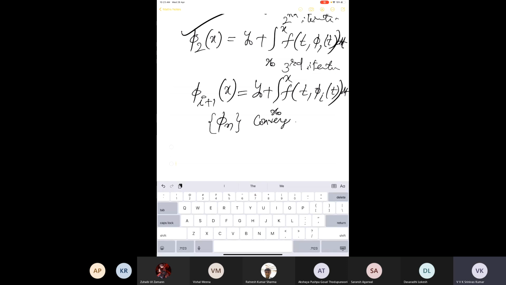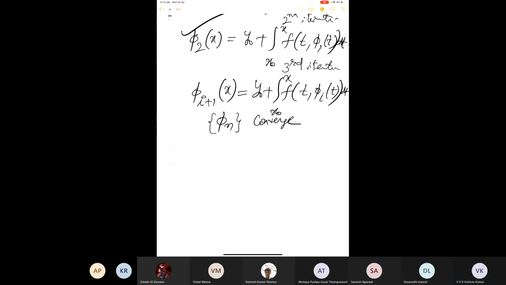If they converge to phi, then phi is also a solution of this integral equation.